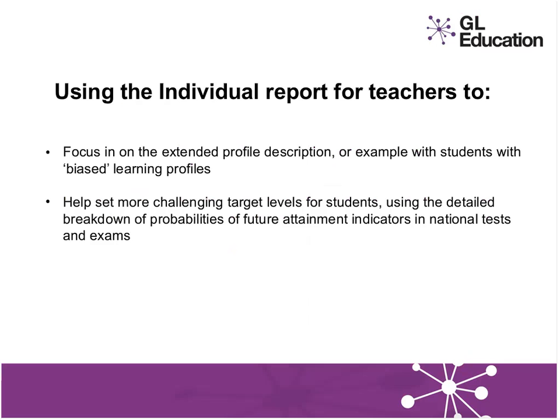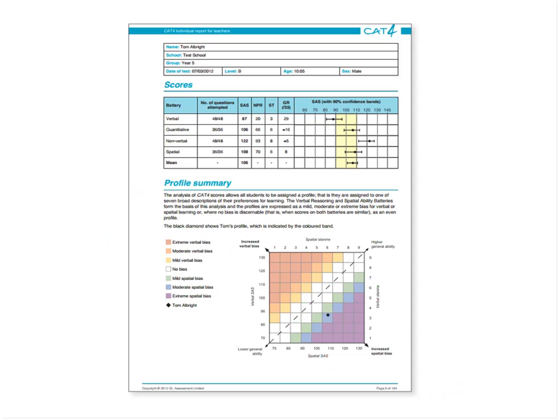The individual report for teachers is also available. Let me show you an example of that. This is a report that you can generate for each individual who has taken CAT4. In this example, this is Tom, and you can see Tom's individual scores for each of the four batteries: his standardised age score, national percentile ranking, Stanine score, which is a way of banding into nine different bands, and group ranking, so that you can see Tom against his peers within that cohort.